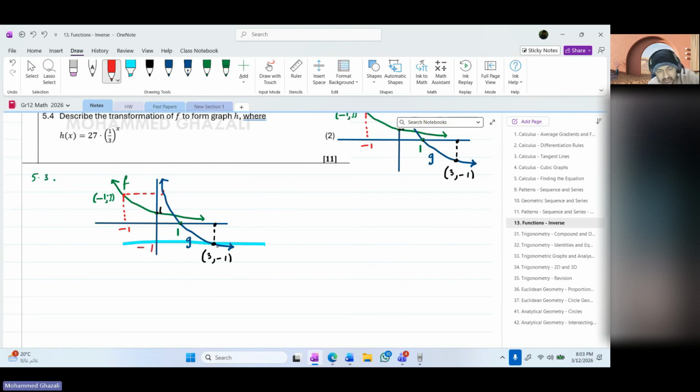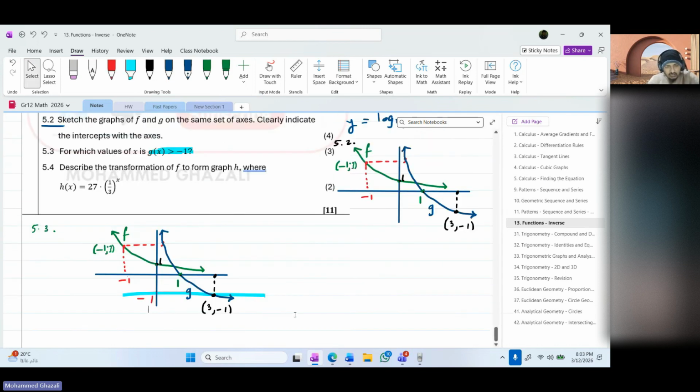When is g of x greater than -1? When are the g of x values above -1? Above -1, for which x values? The x values will be between 0 and 3. So between 0 and 3. For which values of x is g of x greater than or equal to -1?